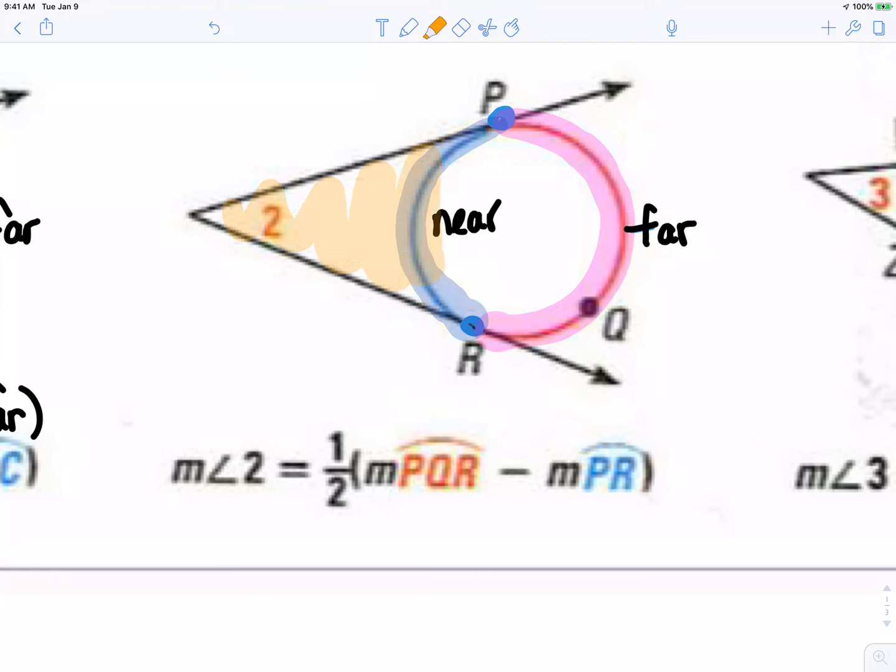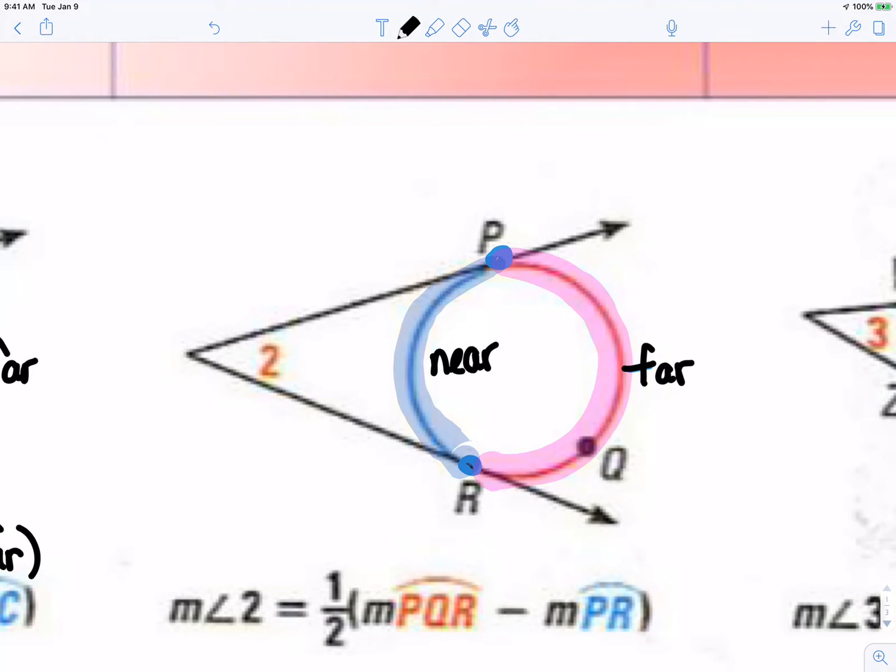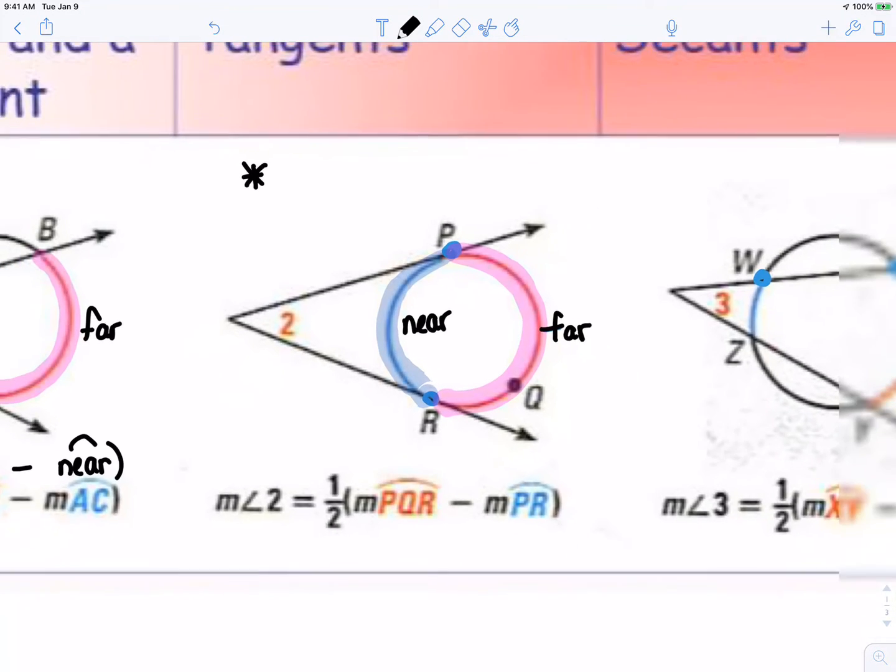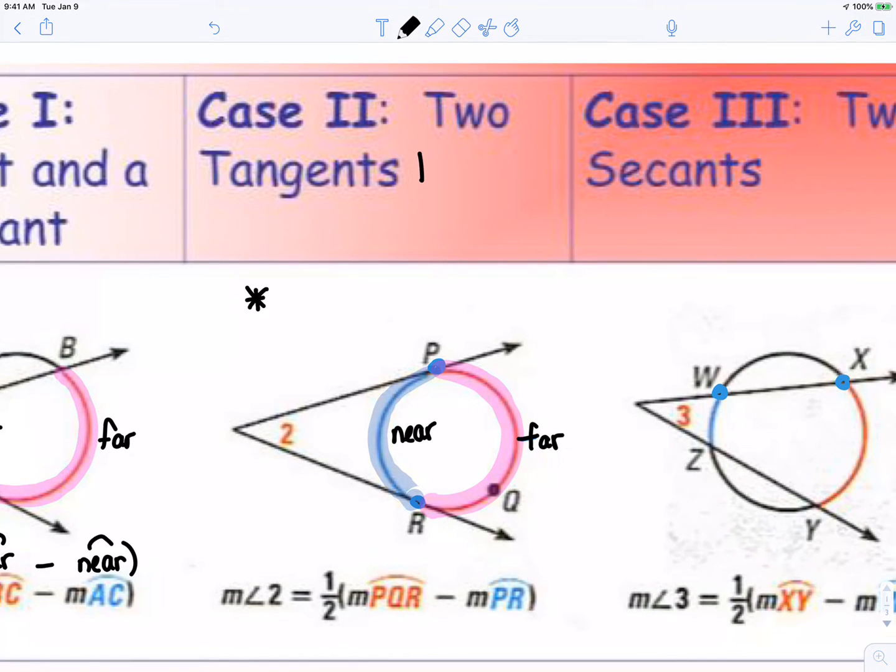What you'll notice with the tangent problem is that the two arcs actually make up the entire circle. So for the case of the two tangents, the two arcs make up the entire circle. And that's going to be important later. I just wanted to point it out to you now.